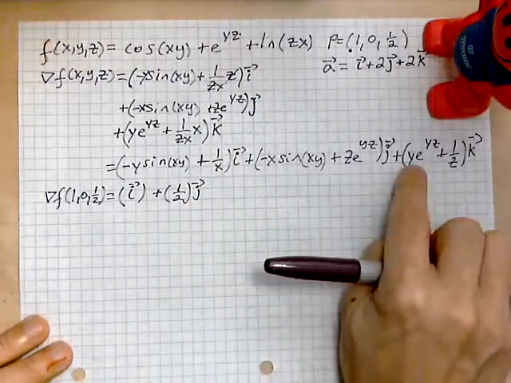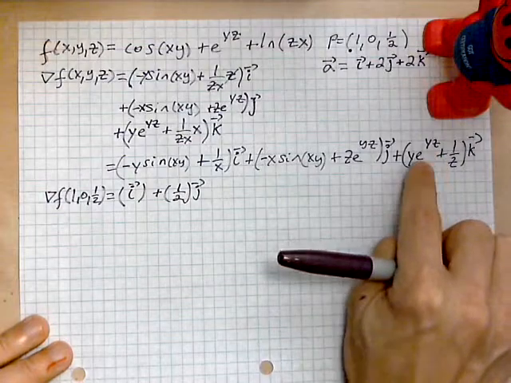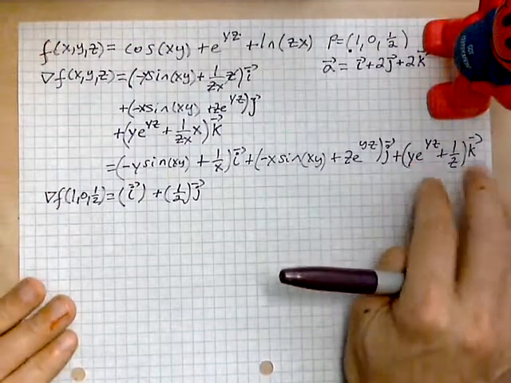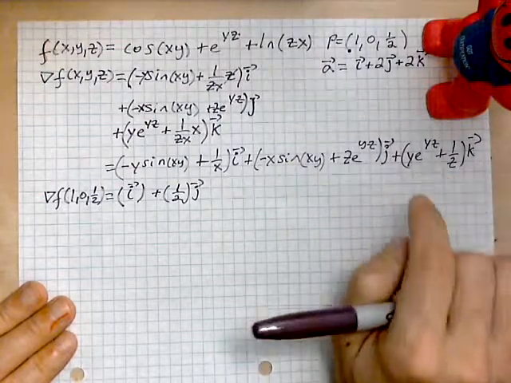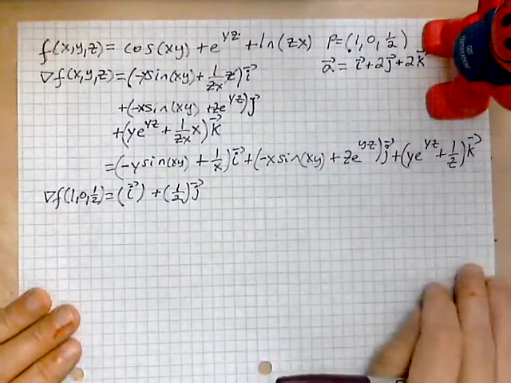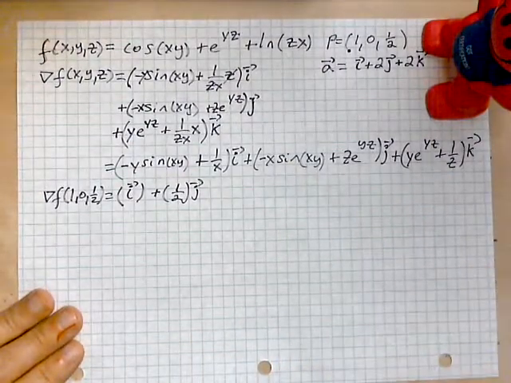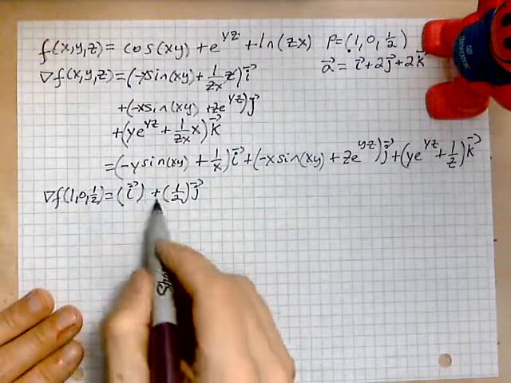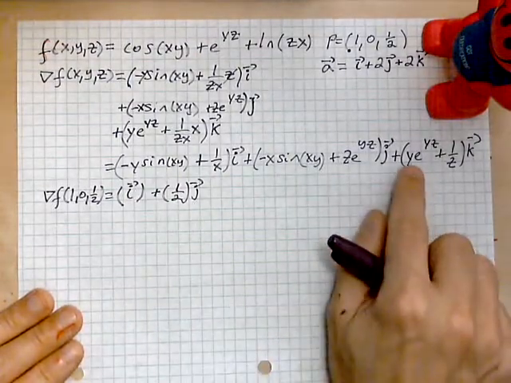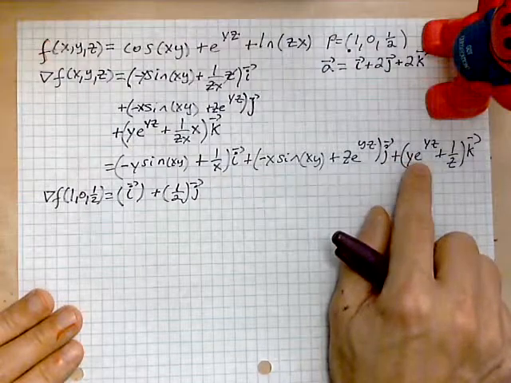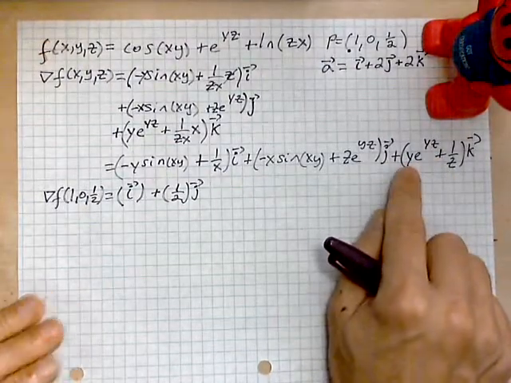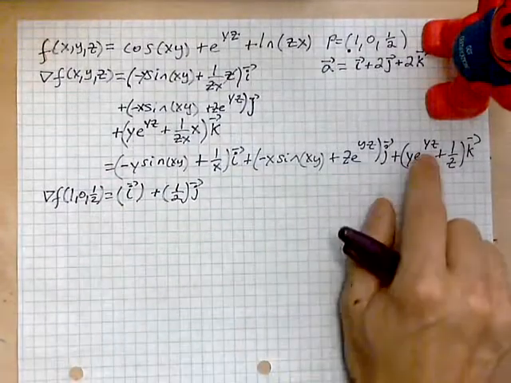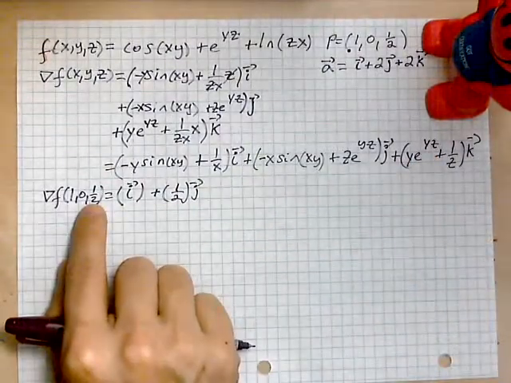And lastly, we have y times e to the yz. I'm trusting you to be able to fill in some of the written details by hand, right? You've got to be able to do that on a test. So you've got your i plus 1/2 j, and then you've got your y times e to the yz plus 1 over z. So where you see y, replace it with 0. Where you see z, replace it with 1/2.